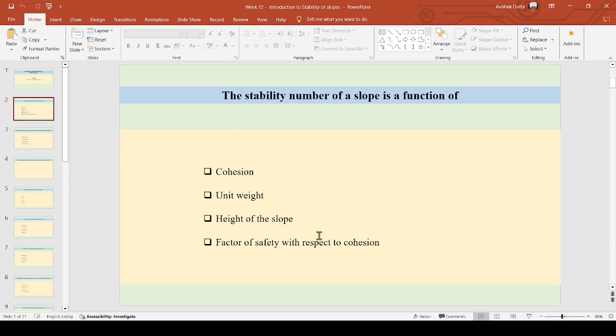So what are the factors basically on which the stability number of a slope depends? Among these factors, one or more can be correct because this is a multiple select question.